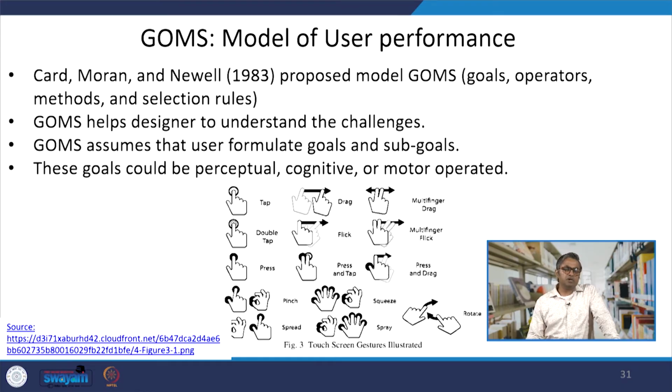GOMS in the last few years has also helped us in understanding the challenges of the user, challenges which the designer may not be capable enough to tap upon, to identify and address.